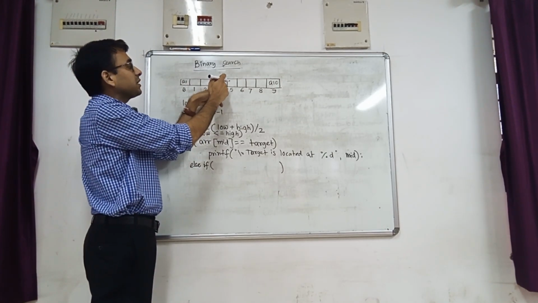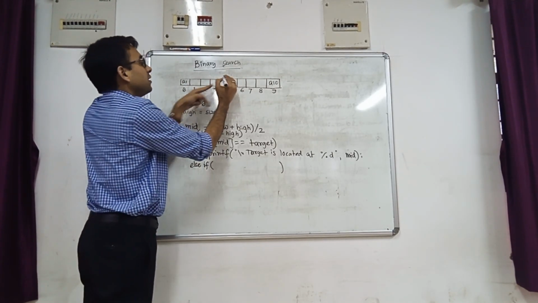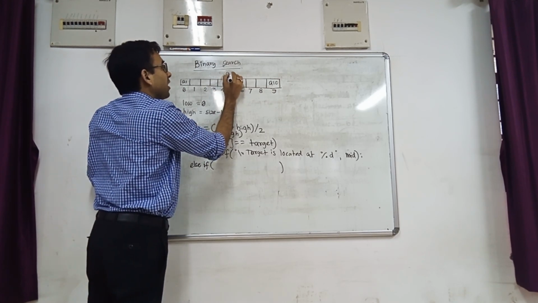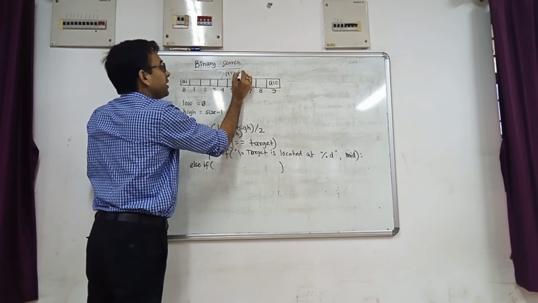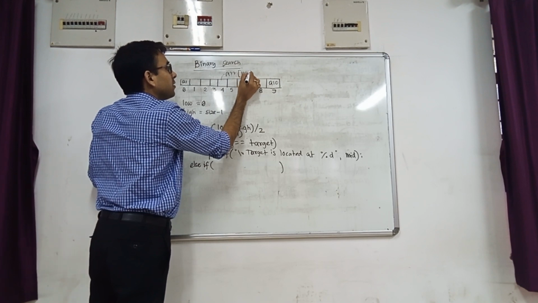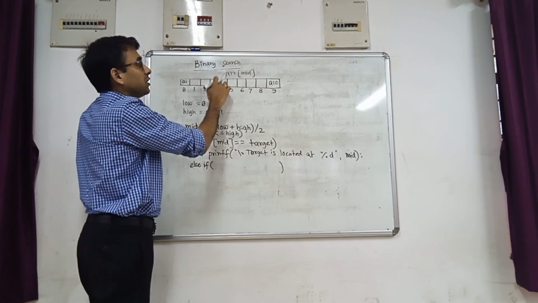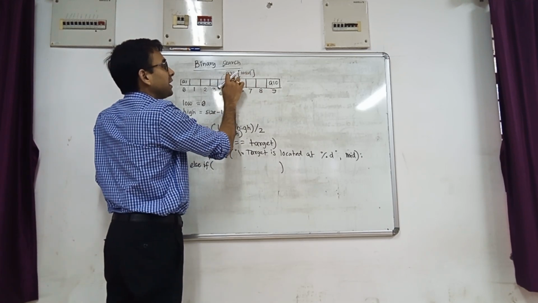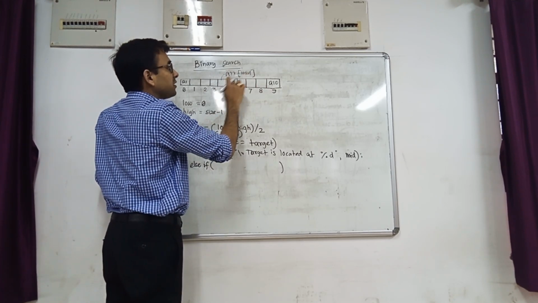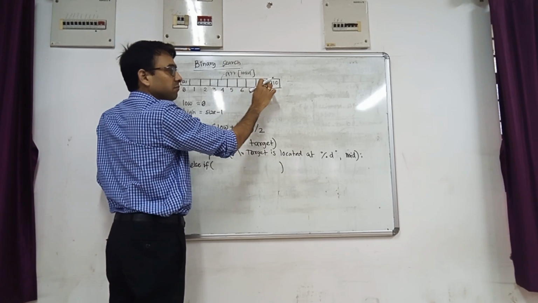So if the target is more than arr mid, this value, right, arr mid. So if the target is greater than this value, then target will be somewhere here.